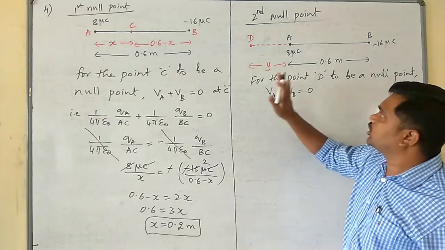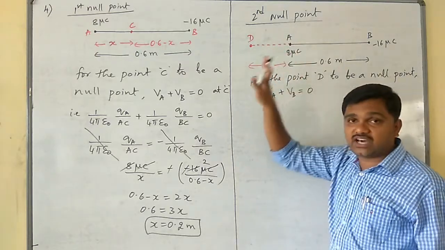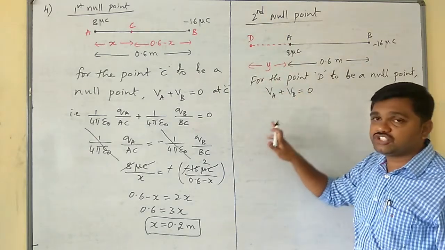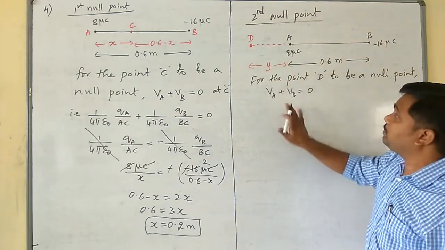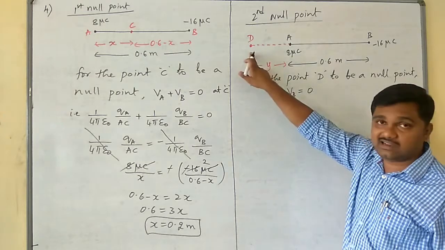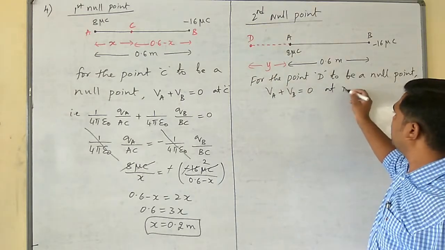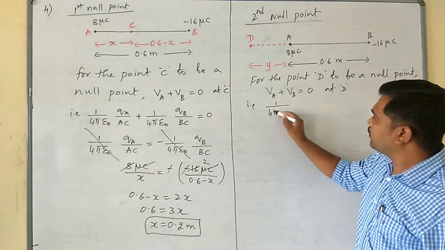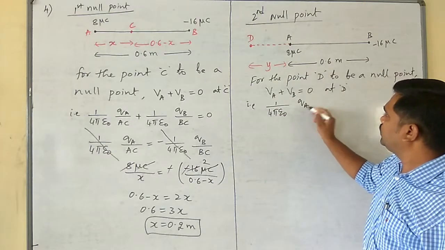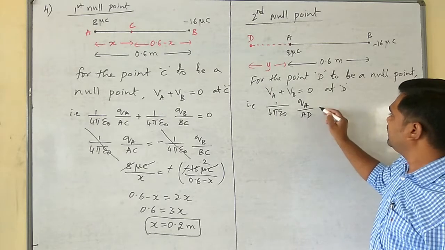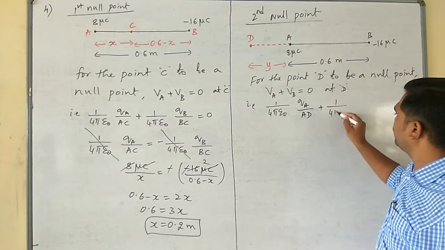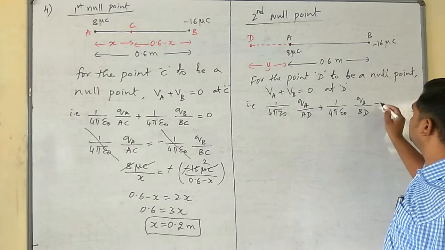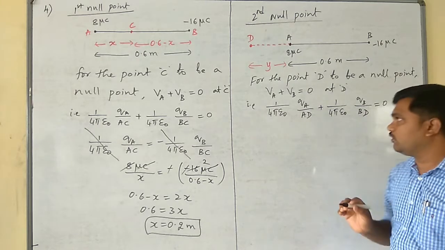That is, the electric potential due to the charge at A plus the electric potential due to the charge at B should be 0 at D. That is, 1 by 4 pi epsilon naught QA divided by AD plus 1 by 4 pi epsilon naught QB divided by BD should be equal to 0.